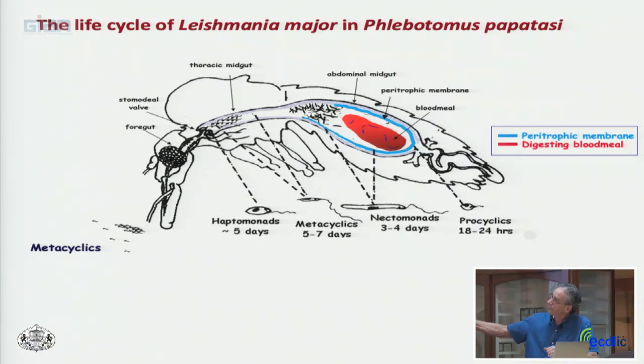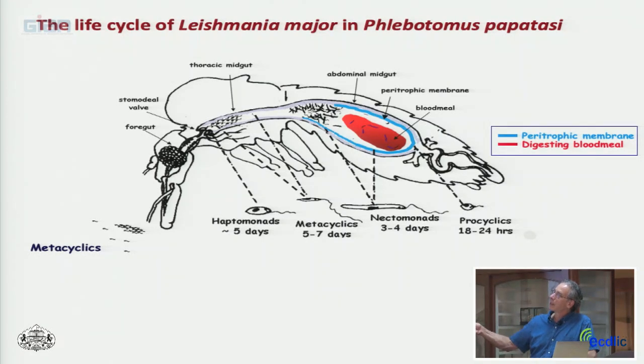And there's a valve here called a stomodeal valve, which is critical for the pumping action of the fly when it takes in blood and when it takes in sugars to get the contents of those feeds into the midgut. So there's this valve that separates the anterior midgut from the foregut.